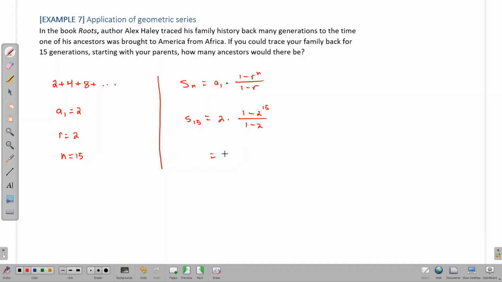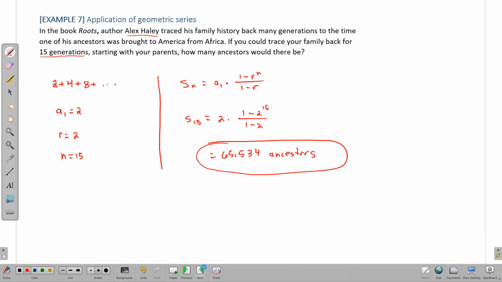So that comes out to 65,534 ancestors going back 15 generations. Now, I'm not sure Alex Haley actually traced it back 15 generations because, man, that would be a lot of people to try to keep track of. But that's how quickly it grows. That's how quickly your family tree grows.